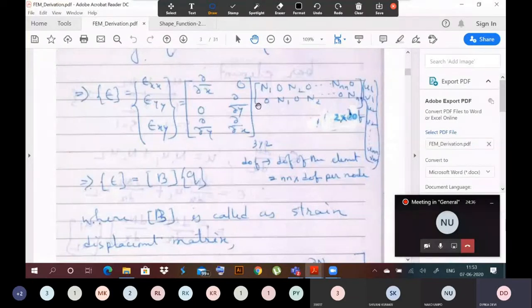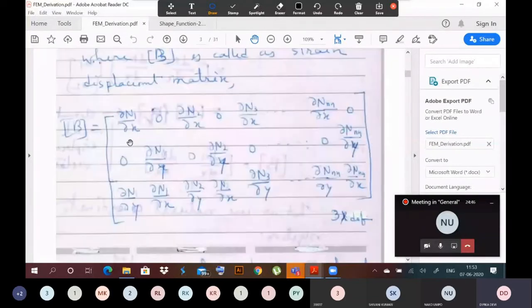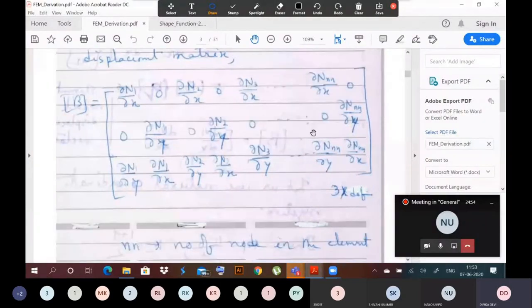So B will be equal to del n1 by del x 0, del n2 by del x 0, del n3 by del x 0. The size depends on the number of nodes in the element. So the size will be 3 by the degrees of freedom in the element. For example, in case of a 3-noded triangular element, the total degrees of freedom is equal to 3 into 2, 6. So this will be 3 by 6. And in case of a 4-noded rectangular element, it will be 3 by 4 into 2, that is 8. So 3 by 8. That way we can find out the size of the B matrix.